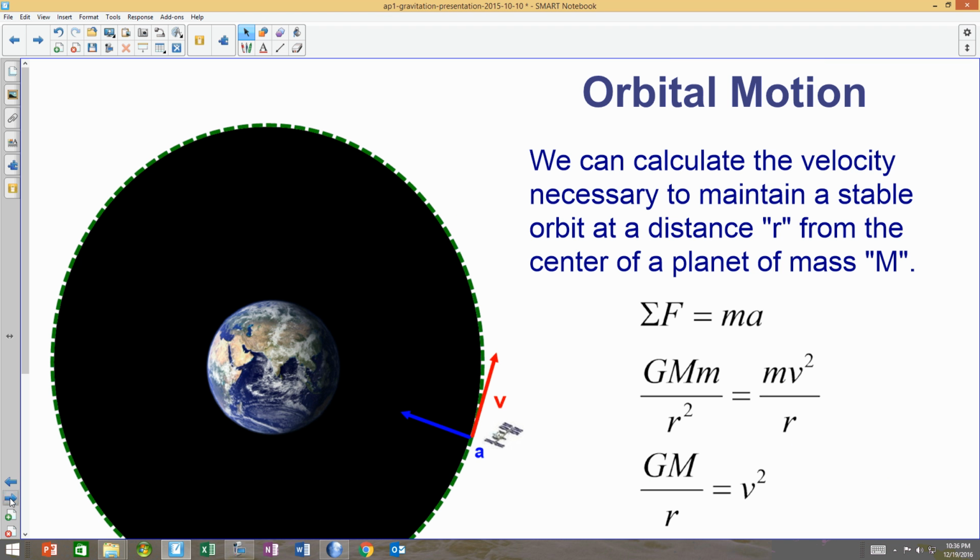We can calculate the velocity necessary to maintain a stable orbit at a distance r from the center of the planet, which has a mass m. We know that the sum of the forces is equal to ma.